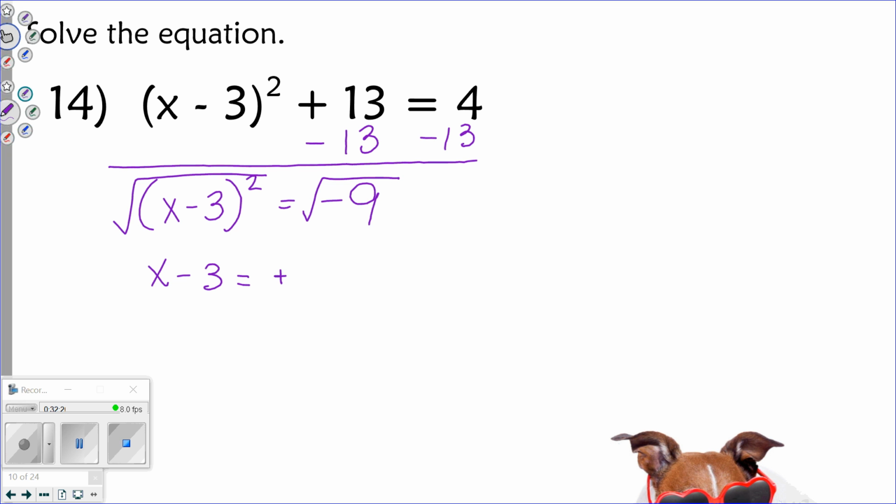Good. Plus or minus 3i. That negative comes out as the i. Square root of 9 is just 3. Plus minus attaches to what you took the square root of. And then we move this to the other side. 3 plus or minus 3i. Can I combine those? Yes or no? No. They're not like terms. It's just left like that.